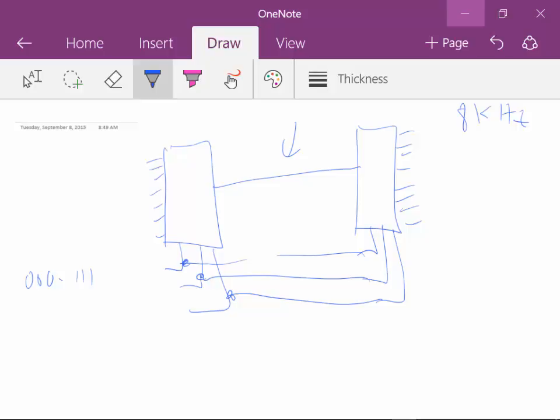So telephone quality is low-pass filtered to about 3 kilohertz. The reason is that anything above 4 kilohertz is going to create noise. It's going to cause what they call aliasing.